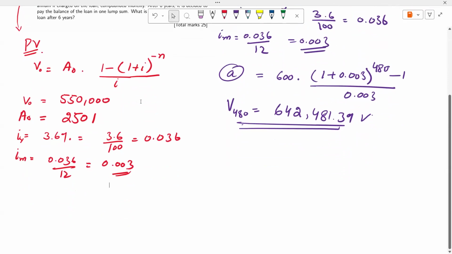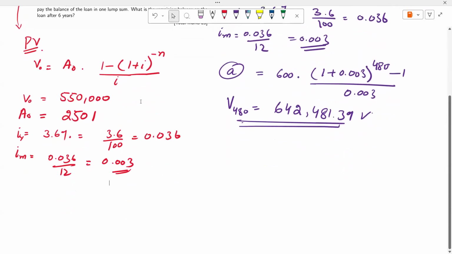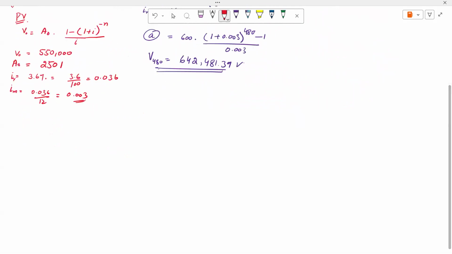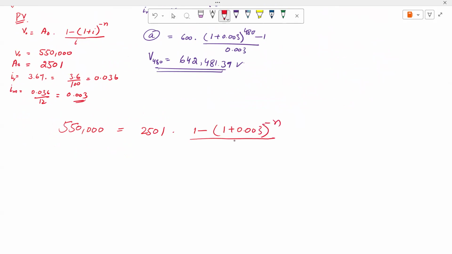Now you need to plug in the values and solve to find n. So 550,000 equals 2501 times 1 minus 1.003 raised to the power minus n, divided by 0.003. This is what we are trying to find, n. By the way, whatever value I get for n will be in months.